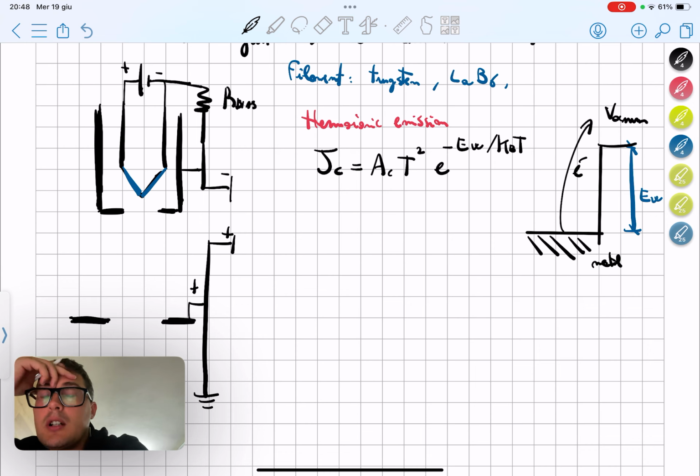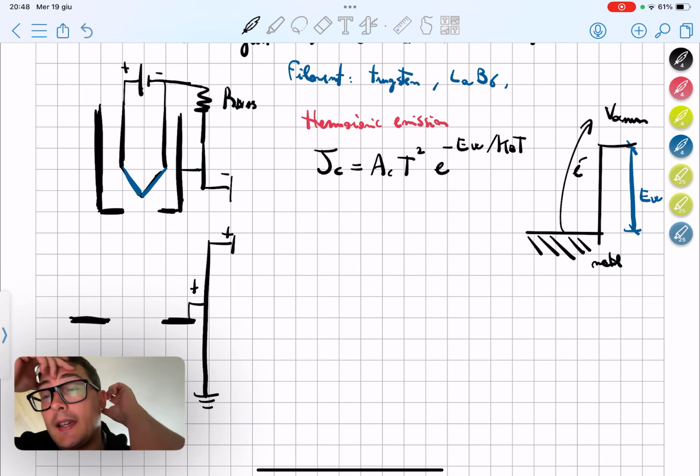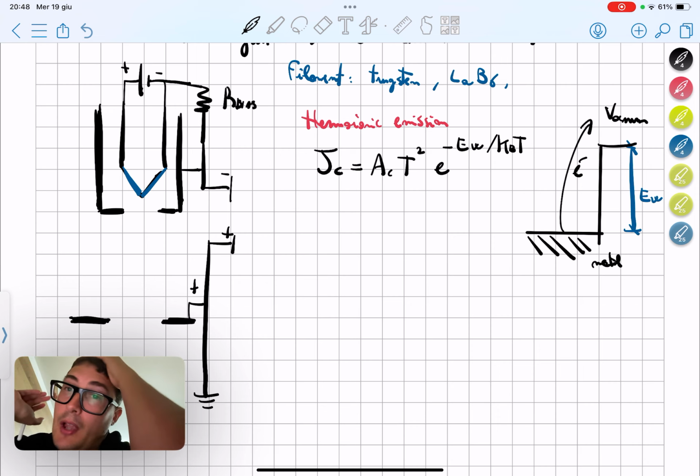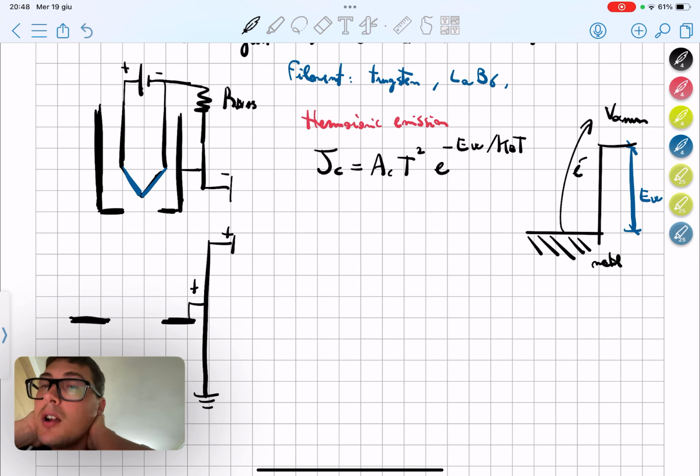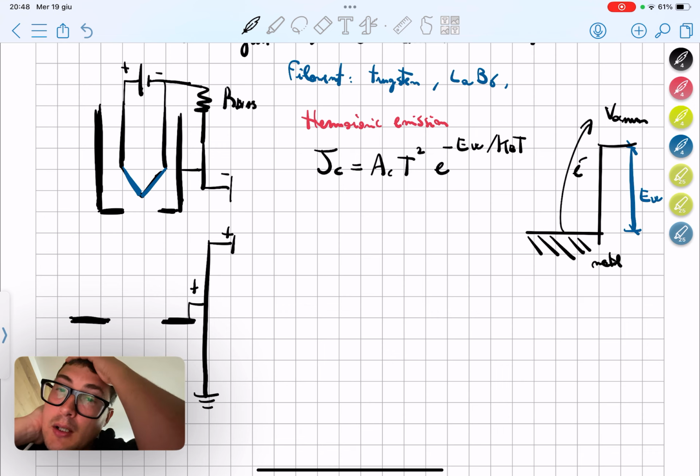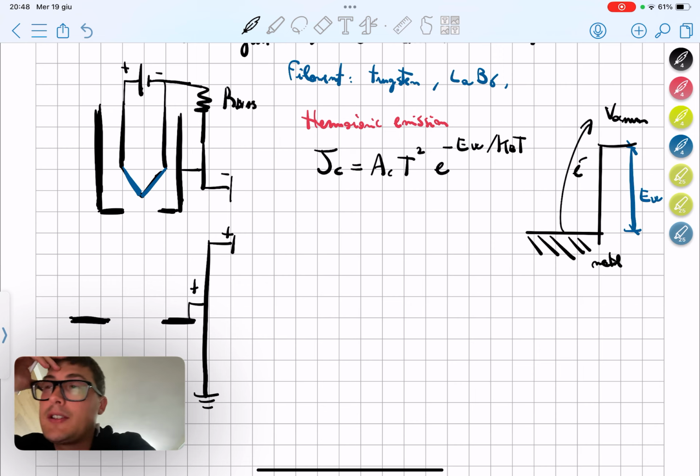So of course, in order to reduce the consumption of this filament, the best would be to have one that works well when the temperature is low. So there is thermionic emission at low temperature and with a smaller work function, so there is less energy needed in order to extract the electrons.